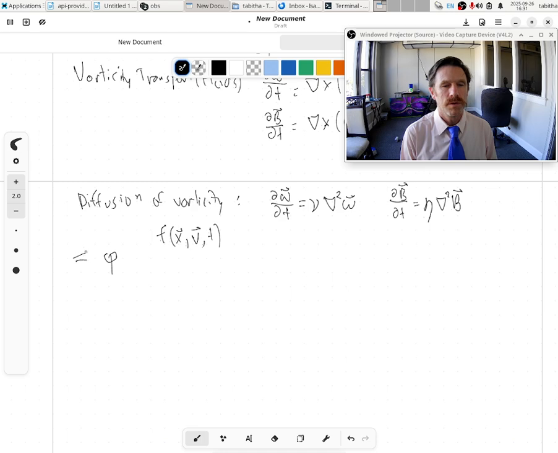Then we can define our electric field tension, our electric potential is going to be something along the lines of v squared f.